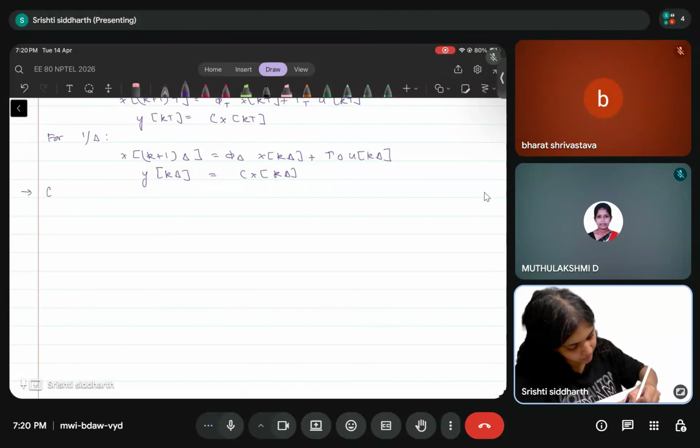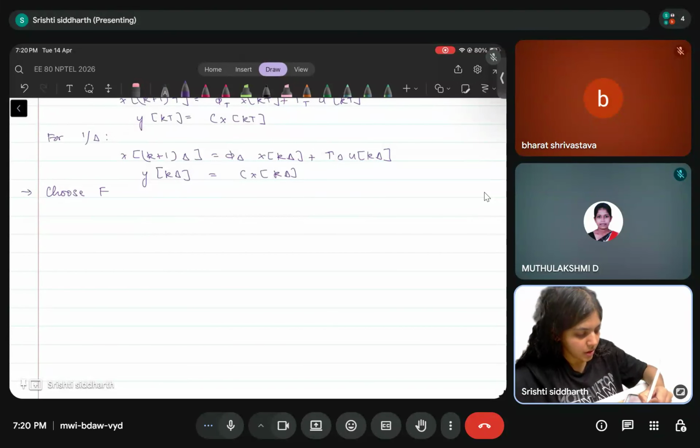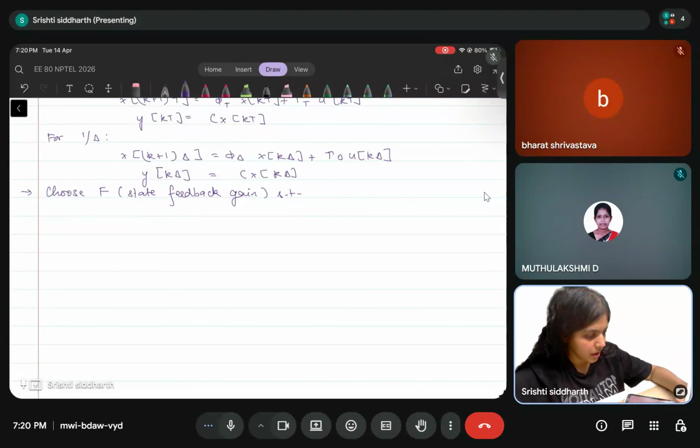So choose F. So this is the state feedback gain. So what's the closed loop system?